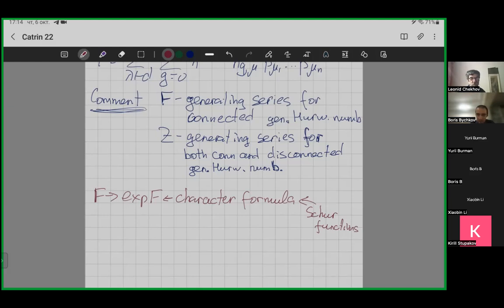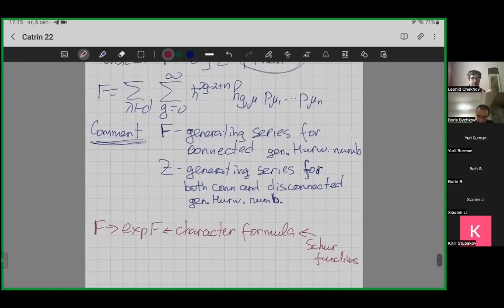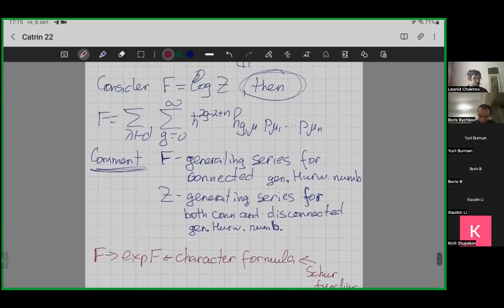Yes. And so, where are the s variables? The s variables are hidden here. This H_g,mu that I said is the generalized Hurwitz numbers.